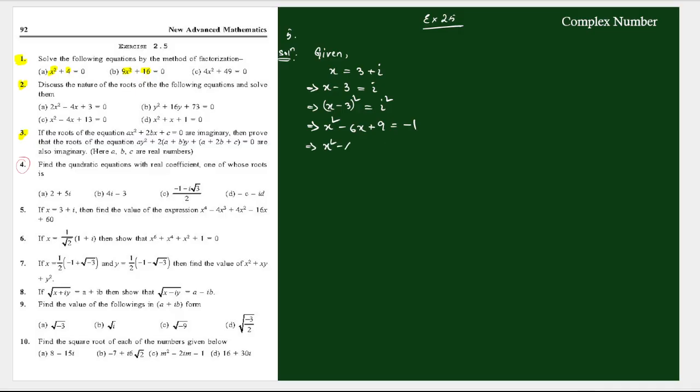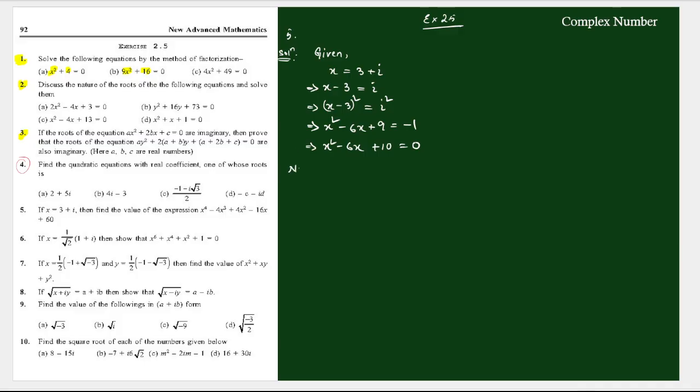So now x square minus 6x, ये -1 इस तरफ आ जाएगा तो +1, so 9 plus 1 is 10 equal to 0. ठीक है, then now with this one, we will divide our expression.